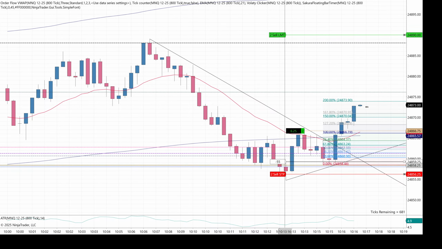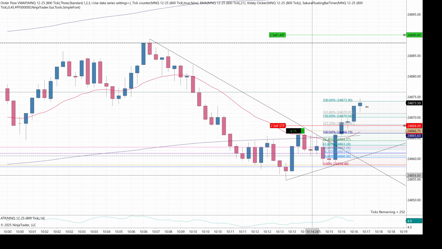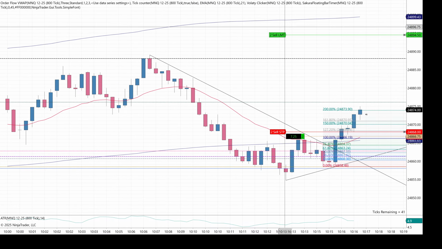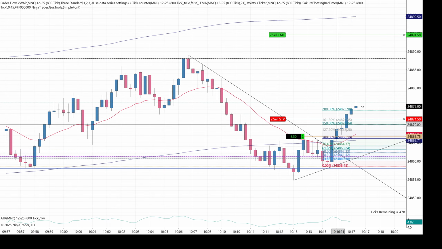There we go. Target hit. I have a runner now. My runner's locked in at 5 points.